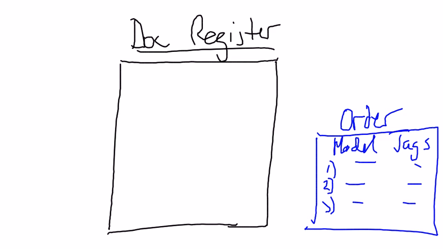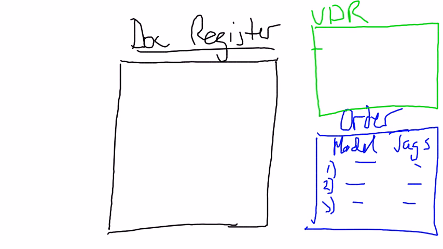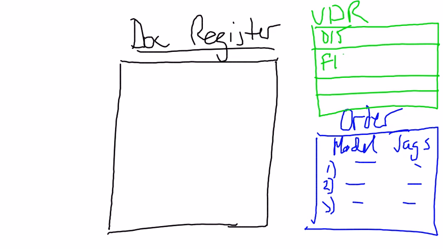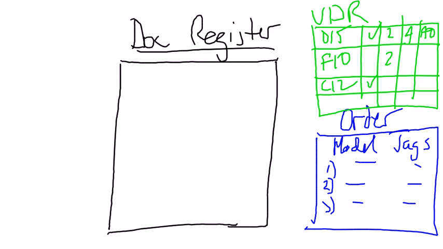And we'll also take the vendor data requirements in the format typically understood by all of our end user friends, where they have a document code, maybe F10 and C12, and they'll identify that, yes, we need that document and 2 copies of each of these, and we want it 4 days after order, etc. We'll take that information and we'll merge it together.